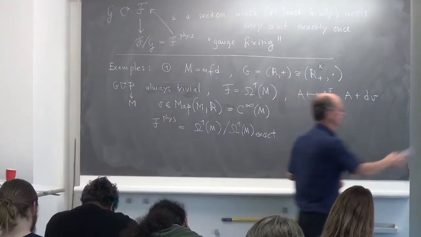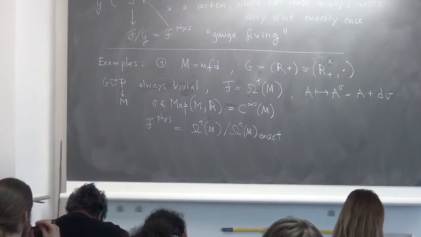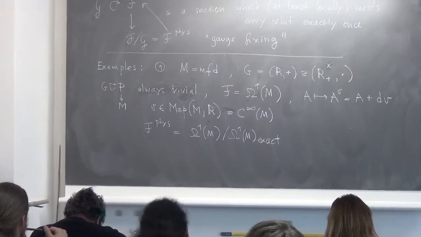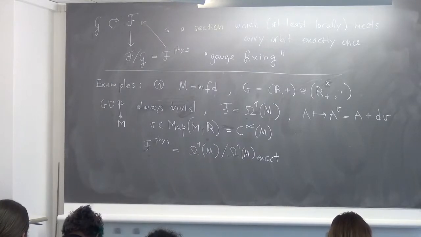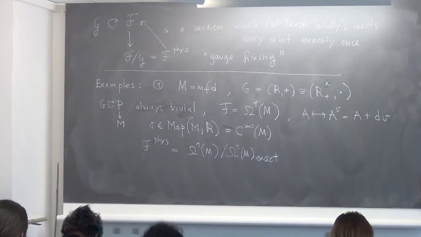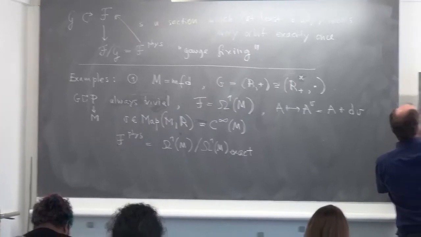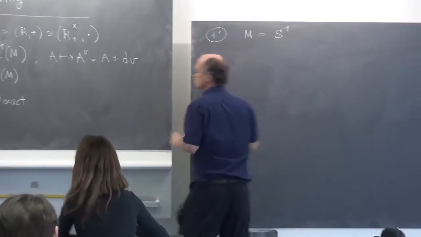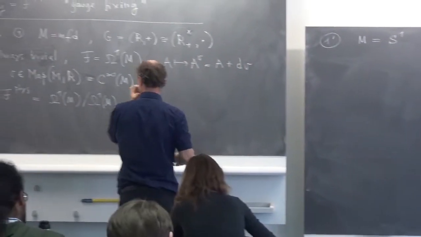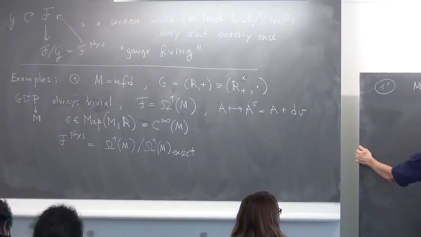Perhaps to make this example even easier, let me make a specific choice of M. So the example 1 prime. Let me choose M to be equal to S1. So in this case, what happens?